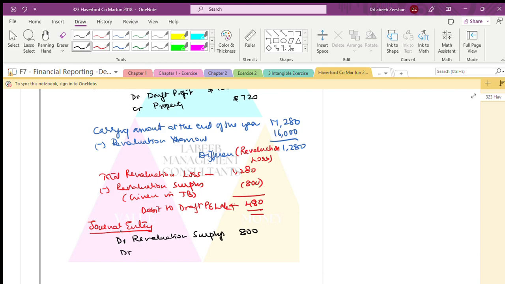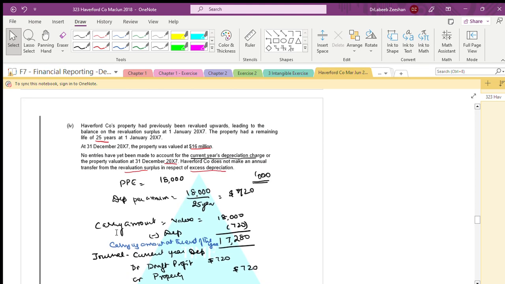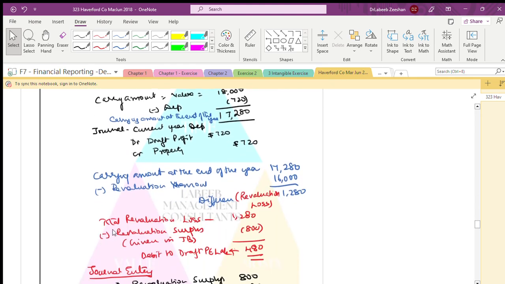Next, debit draft profit and loss account, 480. Credit will be the property, 1,280. Okay, this much we have to do with respect to point number 4.